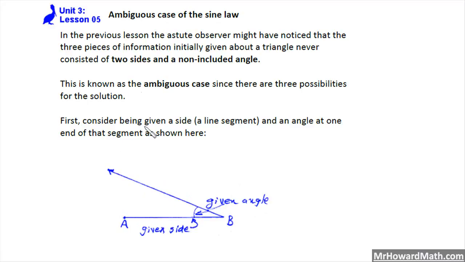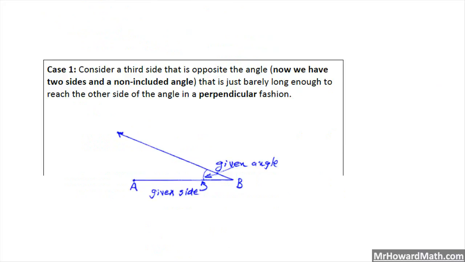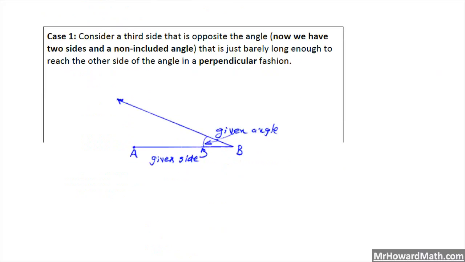So first, consider being given a line segment, and an angle at one end of that segment is shown here. So we've got basically a triangle going here, and this third side is the one that's going to be the problem. So let's scroll down and look at the first possibility of the ambiguous case. Consider a third side that is opposite the angle.